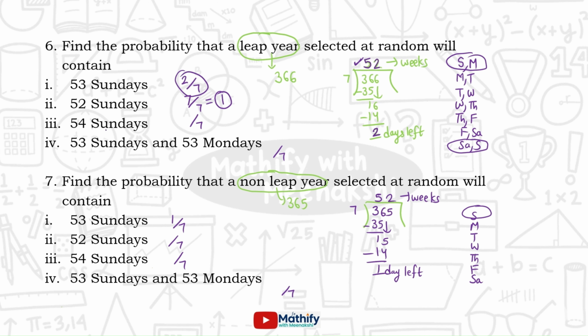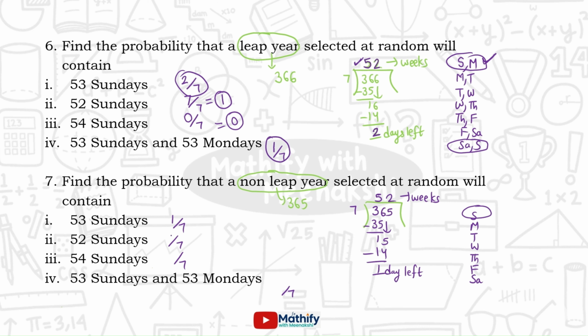For the next, 54 Sundays, maximum any day can come is 53. So for 54, it's not possible that both the days are Sunday. That's an impossible event. And 53 Sundays, 53 Mondays: we have to select one combination where Sunday and Monday both come. That's a single one, so 1 by 7.